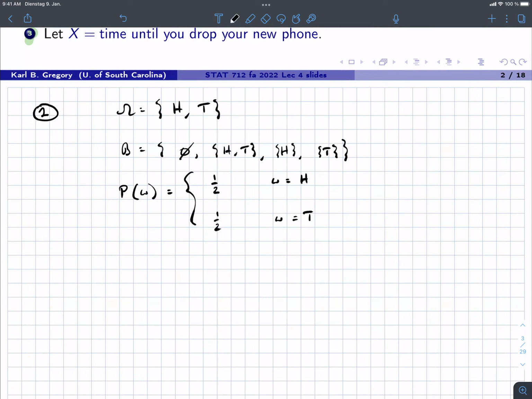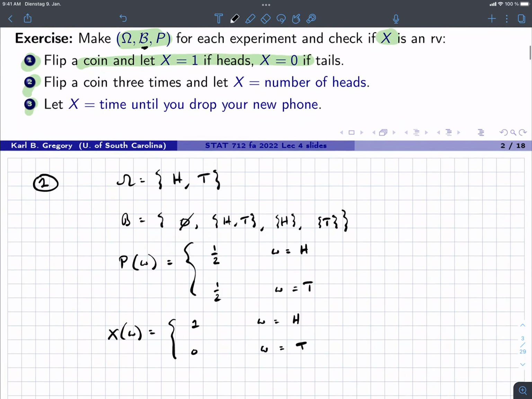All right, and so now I've got this random variable which is equal to 1 if omega is heads and 0 if omega is tails. Okay, so this is the way we can set up a random variable.